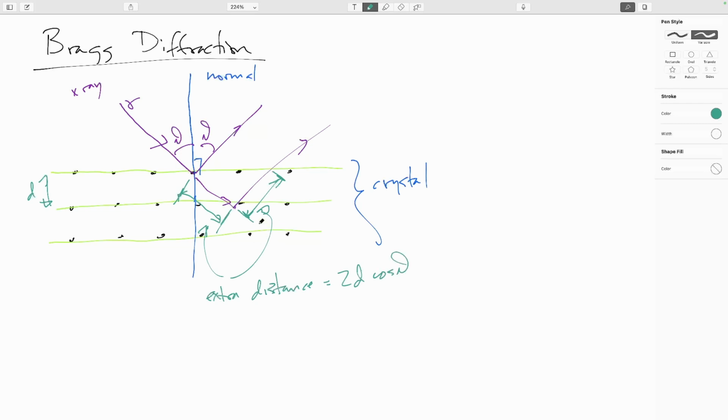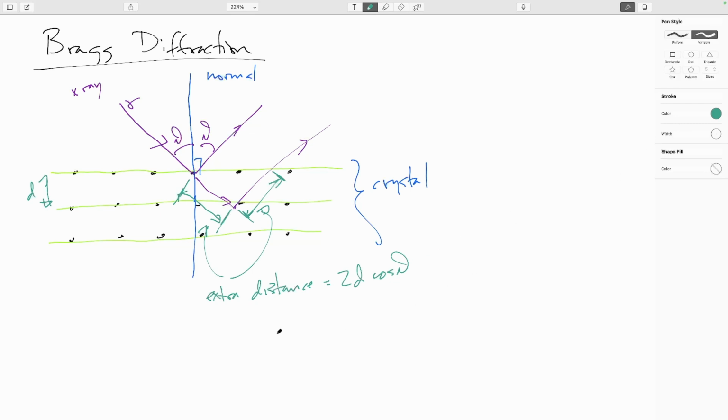Now it turns out that if this extra distance traveled is equal to some integer number of wavelengths, then if I had a crest coming in here, I will have a crest meeting a crest. I'll have constructive interference, just like when we were thinking about thin film interference. The difference here is that with thin film interference, we're looking straight up and down. Now we actually have to take the angles into account. So that's what differs here.